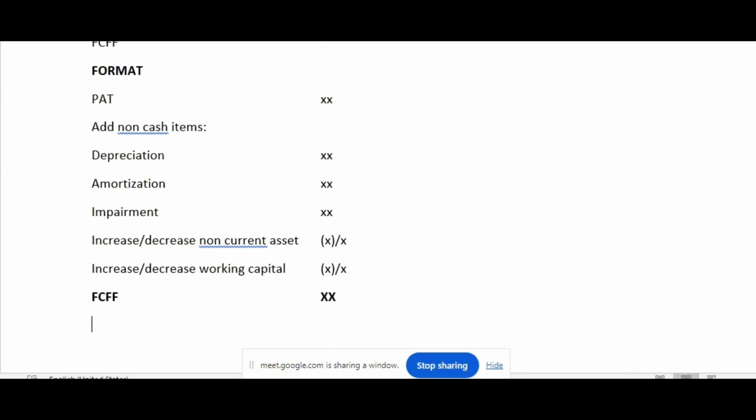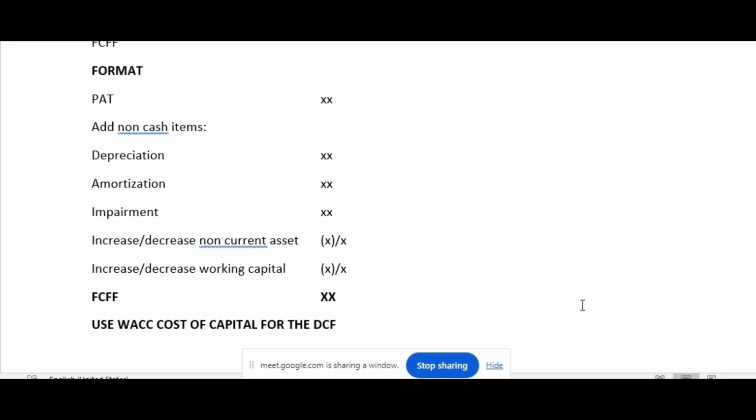So please use weighted average cost of capital to discount. You use what? Weighted average cost of capital for the DCF. So when you are to discount, you use what? Weighted average cost of capital.